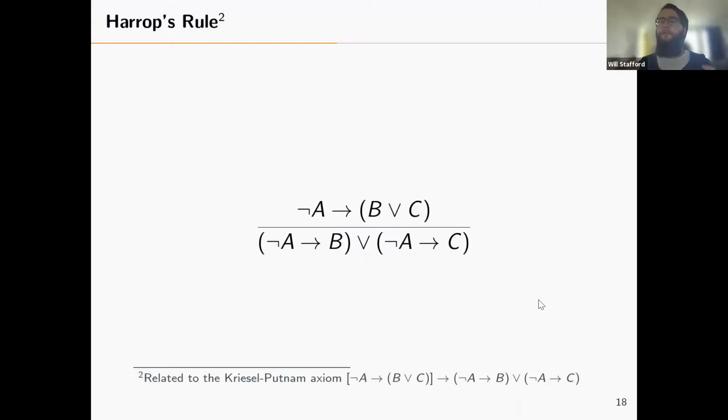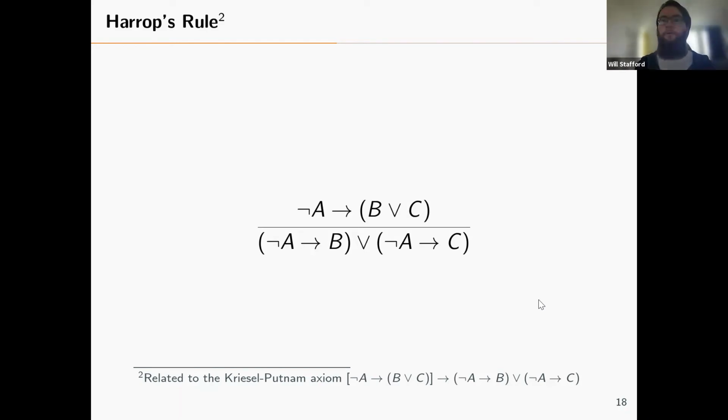Now, the rule that turns out to show up all over the place when you're talking about proof theoretic validity is Harrop's rule. And this is the rule that Pieker and Schroeder-Heister use in their proof.